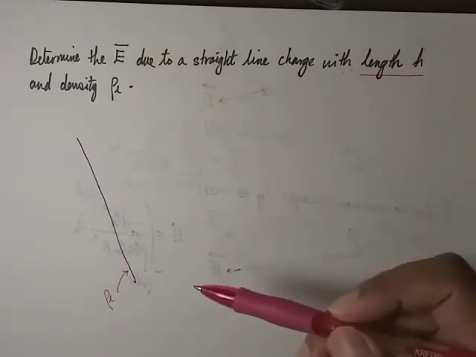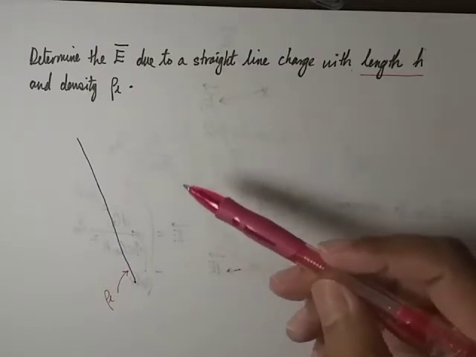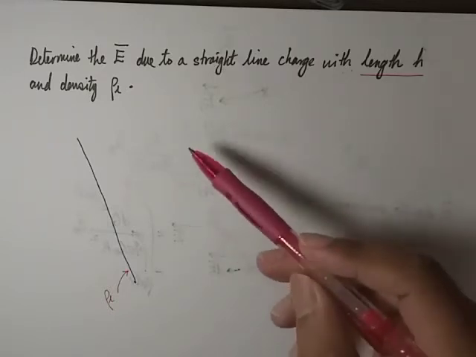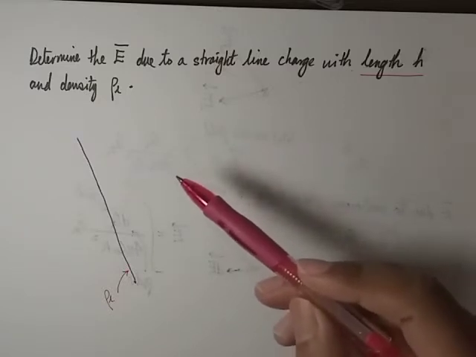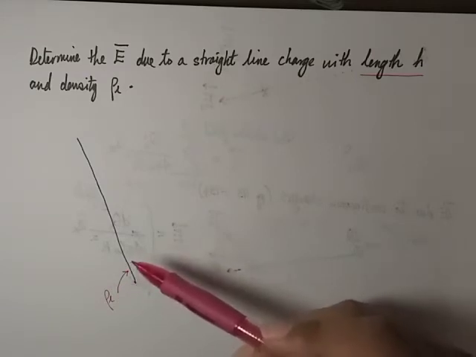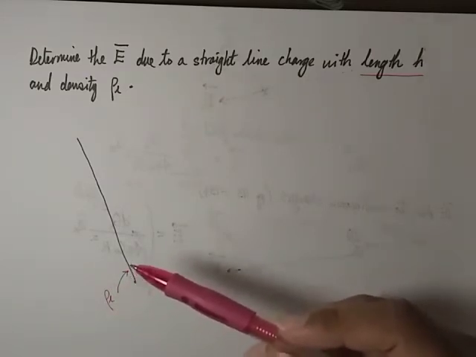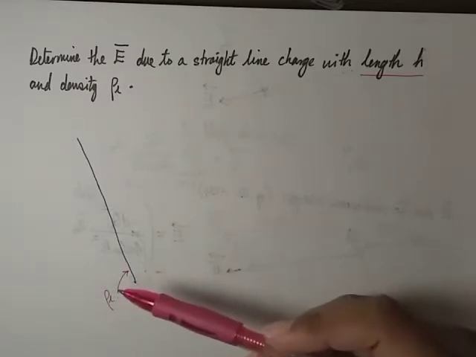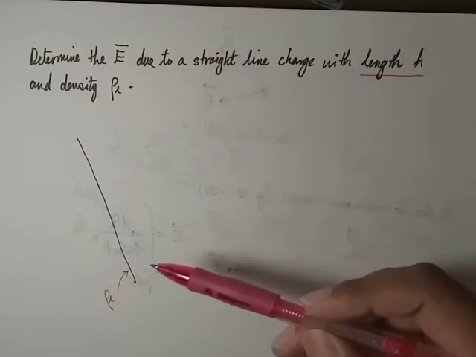The first thing that I always like to consider is to ask myself, what should be the applicable coordinate system that I should use to solve this problem? By choosing a proper coordinate system, we might be able to simplify the mathematical process of solving this problem.